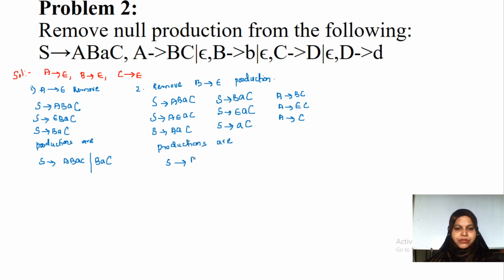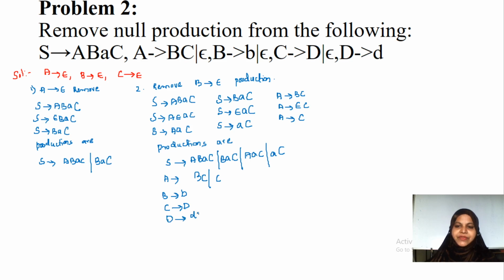S tends to A, B, A, C, B, A, C, then A, A, C, then A, C, right? Next, A tends to B, C, then A tends to C is there. Next, B tends to B, C tends to D, D tends to D is there, right?